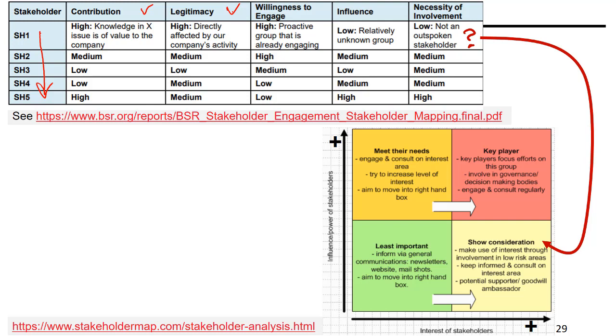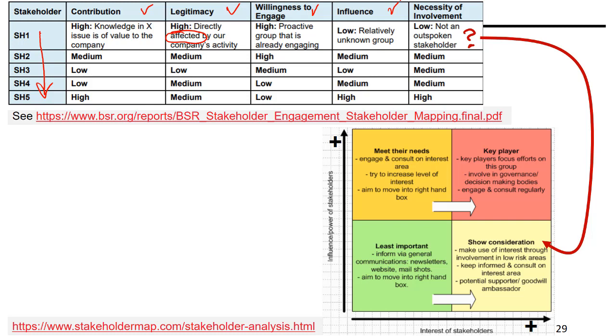In this case, they will be affected by the company's activities, strategies, and missions. And also, we need to figure out how much they're willing to engage with us and work with us, and how much influence they may have over us.